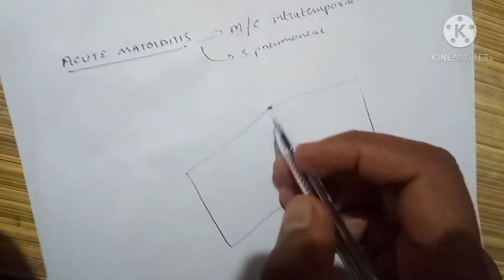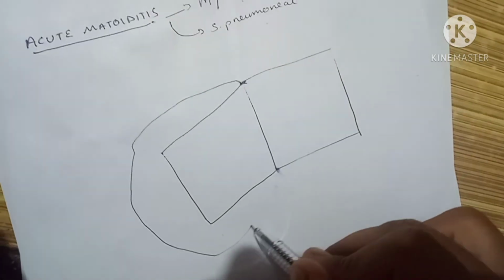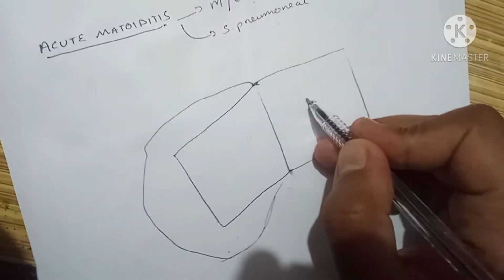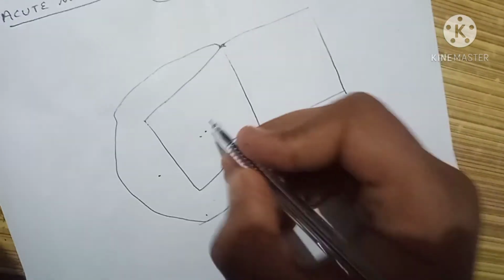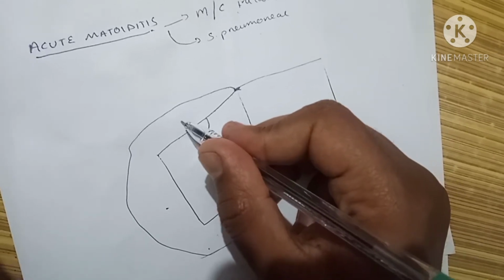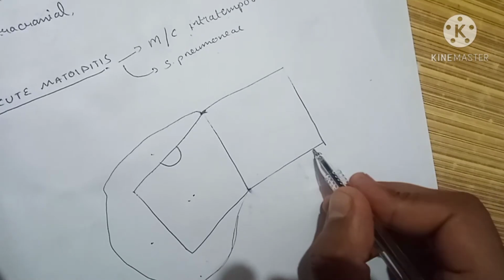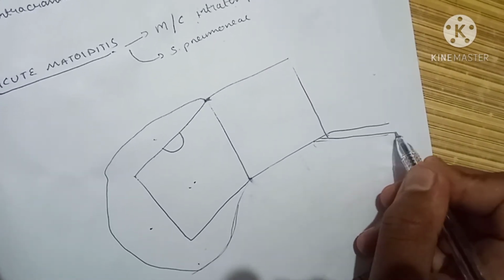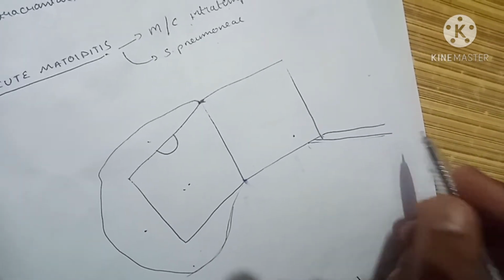Now we will draw the mastoid from here. So this part is the mastoid. Here must be the aditus, an opening connecting the mastoid cavity to the middle ear cavity. And say this is the eustachian tube from the anterior wall of the middle ear that connects the middle ear cavity to the nasopharynx.